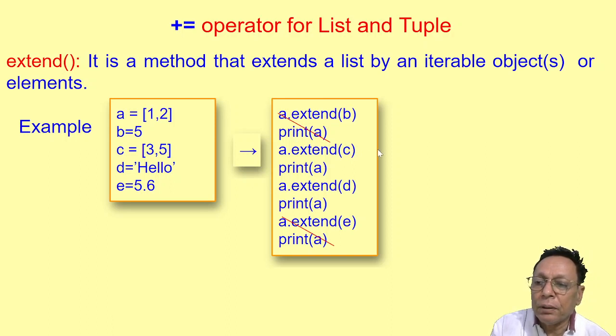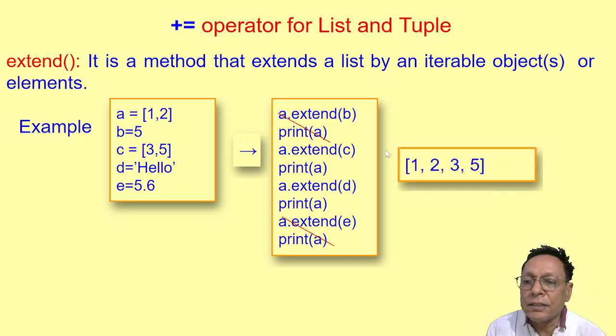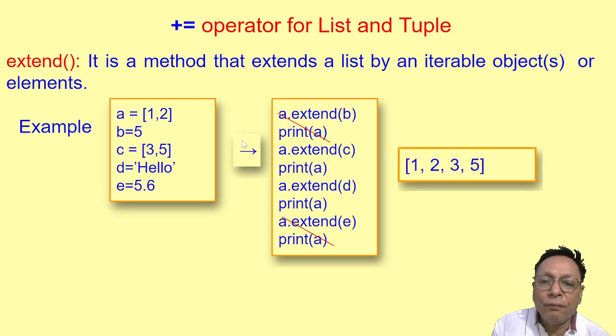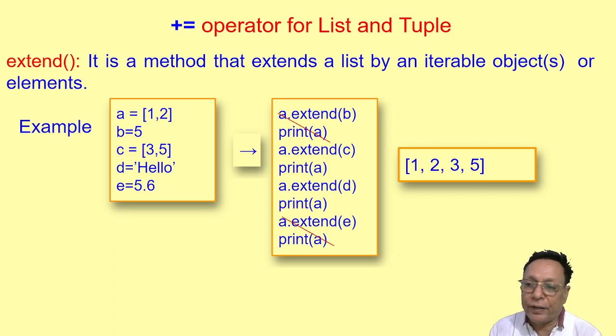Iterable values are extended like this: unlike append, this will extend the list. So 1, 2, and the next elements will be 3, 5, right?